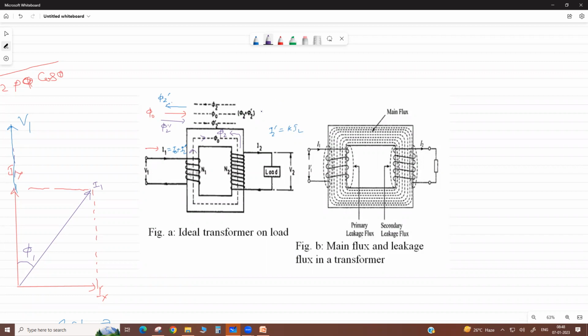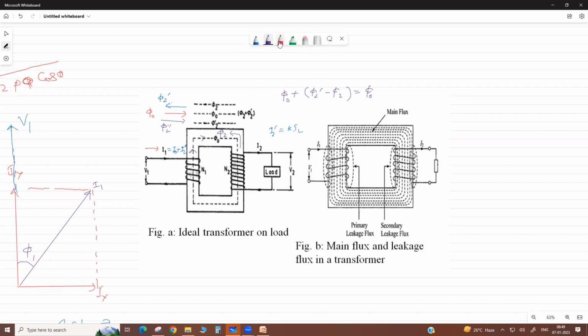The net flux in your core is phi naught plus phi2 dash minus phi2. They cancel each other, so the net flux always maintained in the core is phi naught.